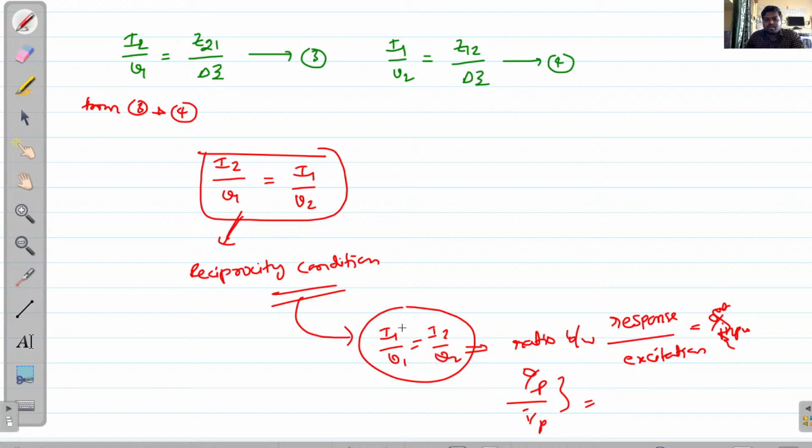Okay, so you can focus on output variable, input variable, that is enough. Here the output variable is what? Current, whether it is port 1 or port 2 or port 3 or port 4, whatever the port, you can ignore that port number. You can focus on output variable and input variable only.